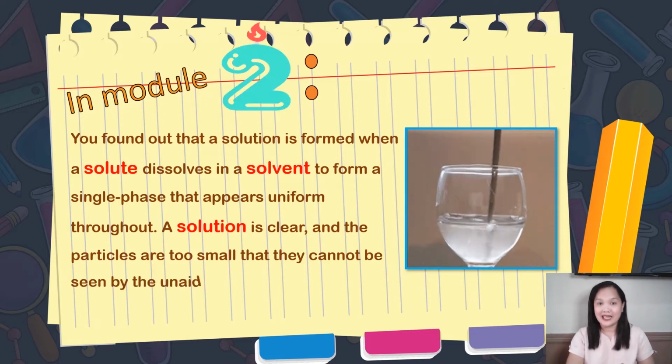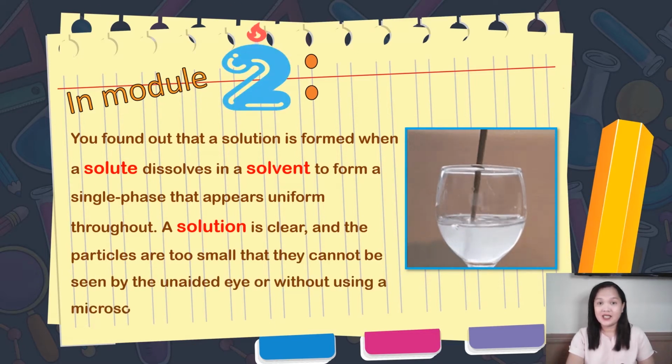A solution is clear and the particles are too small that they cannot be seen by the unaided eye or without using a microscope. The particles in a solution are smaller than the pores of the filter paper or the cheesecloth, and so these can pass through the filter.